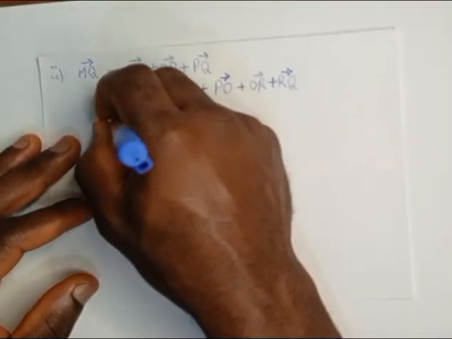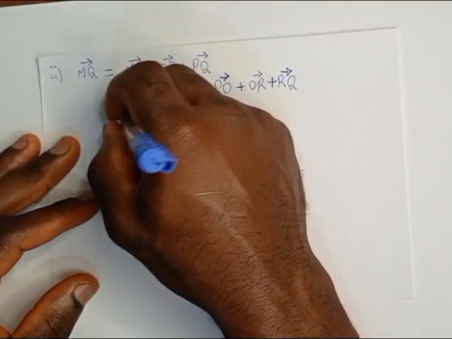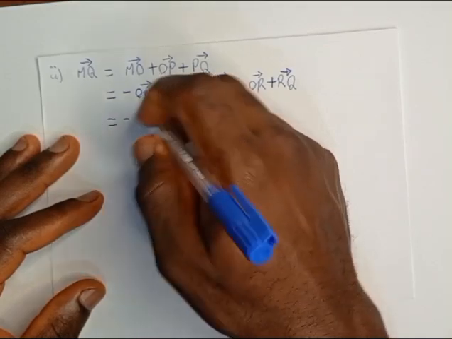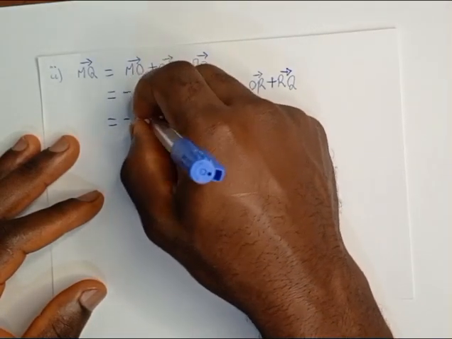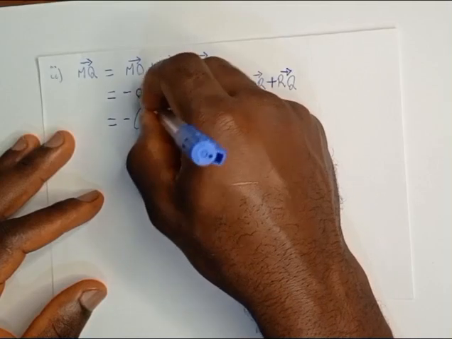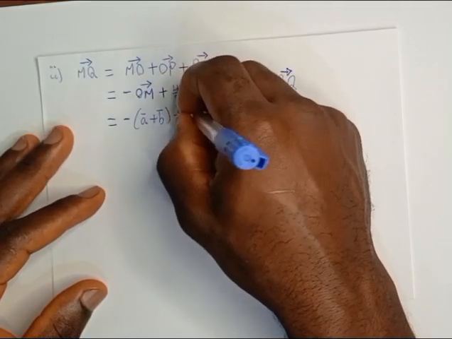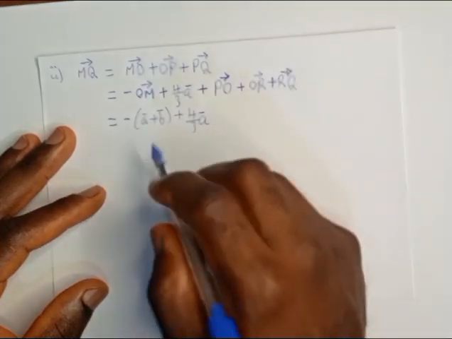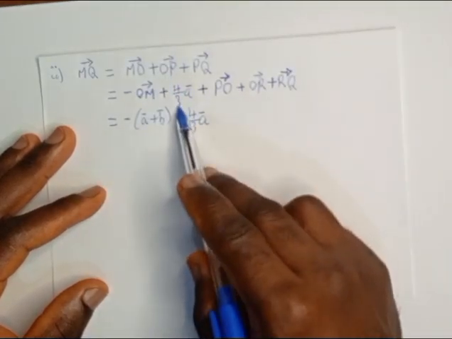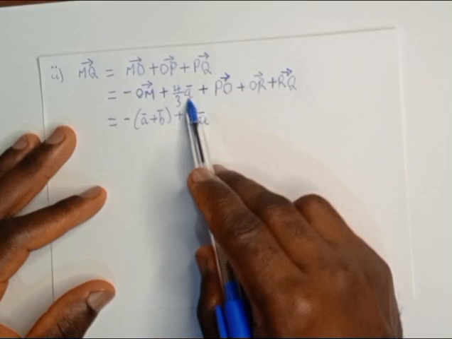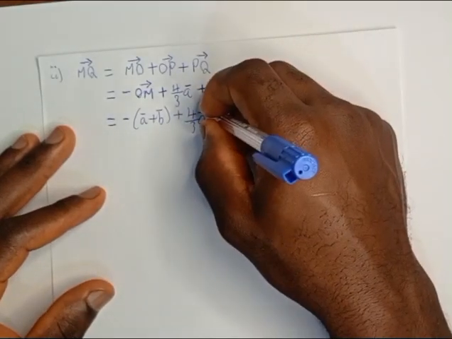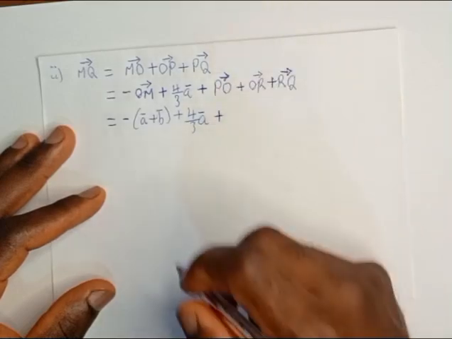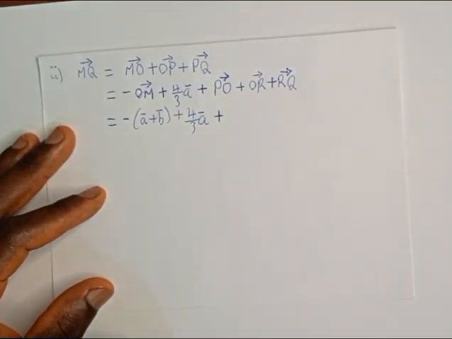This will be equal to negative OM vector, from question 1 gave us A bar plus B bar, negative 1 times A bar plus B bar plus 4 over 3 A bar. Remember, our OP is 4 over 3 A bar, plus PO. PO is the same as negative OP.